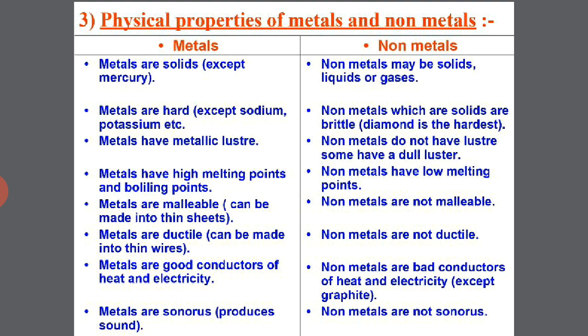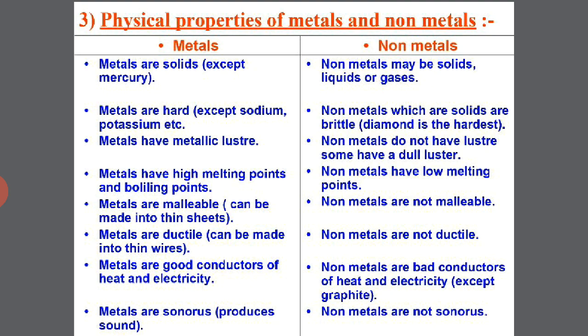Non-metals may be solid, liquid or gases. Metals are hard except sodium and potassium. Non-metals which are solids are brittle, and diamond is the exception. It is the hardest material, a non-metal.